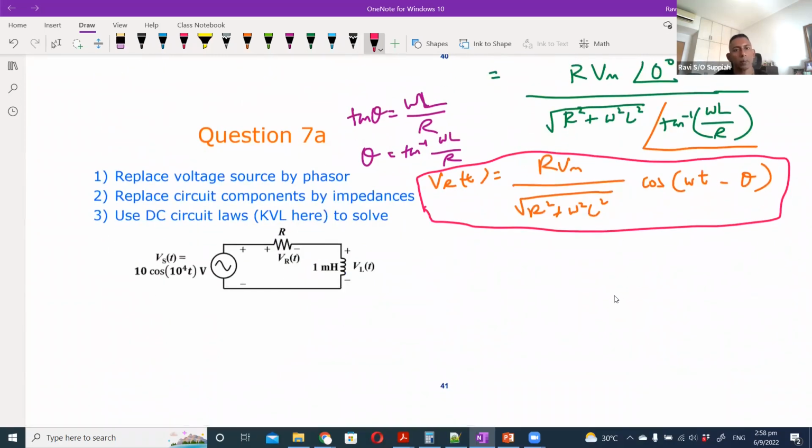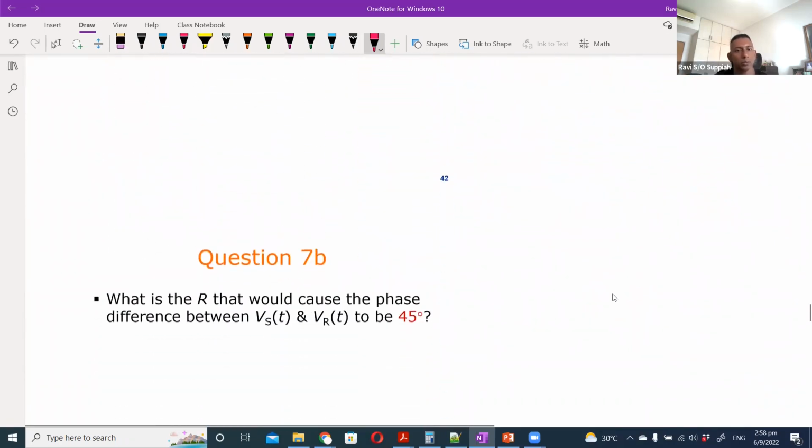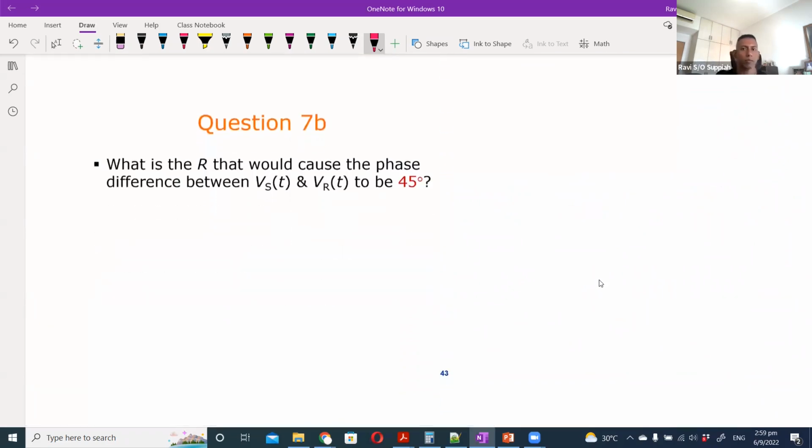Okay, so what they next ask us to do is, what is the R that will cause the phase to be 45 degrees? We know that tangent theta, which is the phase angle, is omega L by R. So I want the phase angle to be 45 degrees.